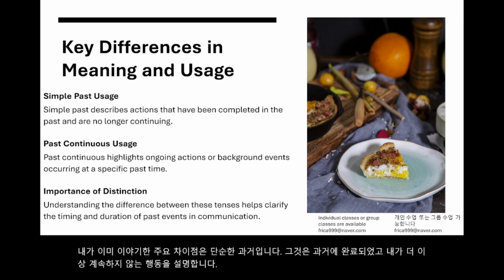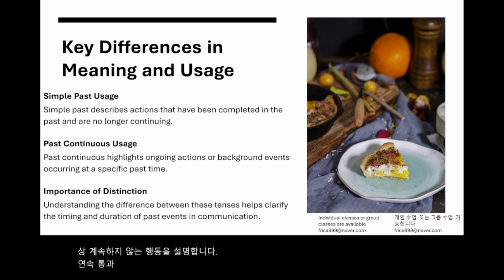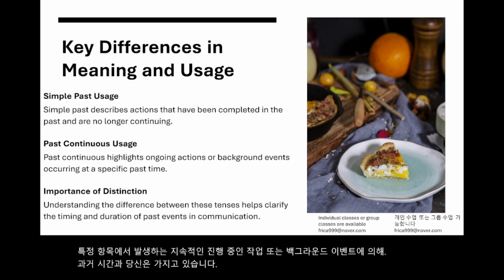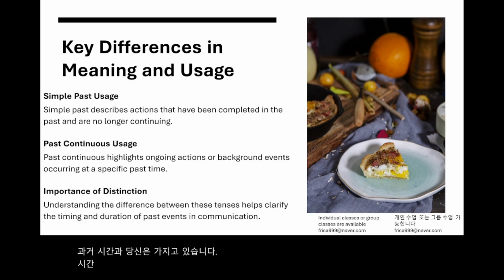Past continuous, ongoing actions or background events occurring at a specific past time. And you have the time it happened, when, while, which I just went over a minute ago.